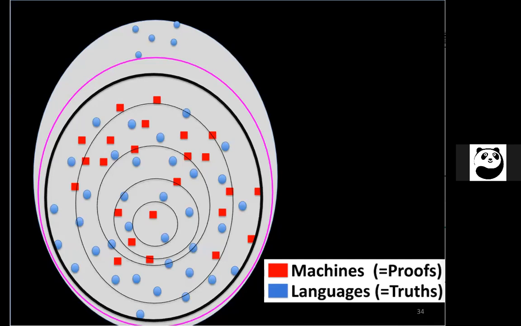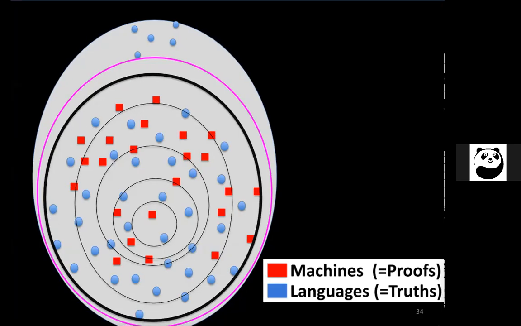That statement is beyond decidability, but it's not beyond provability. But the black line delineates the statements that can be decided as well. They are within the reach of provability, and they are also within the reach of decidability.